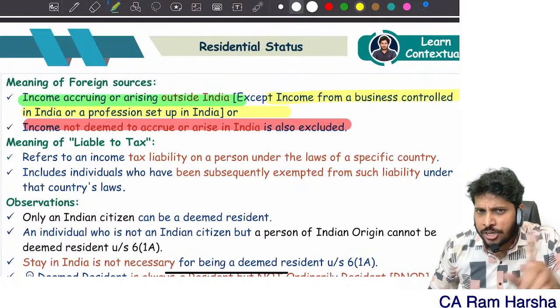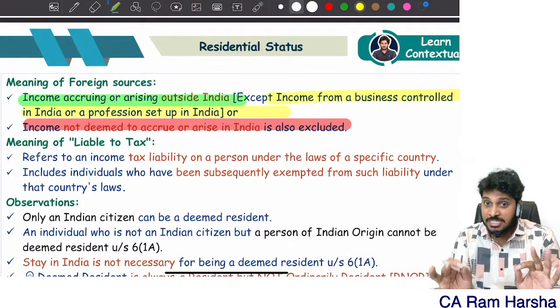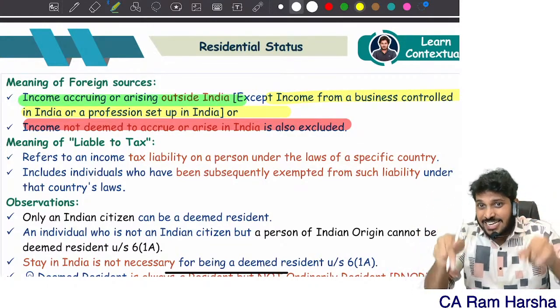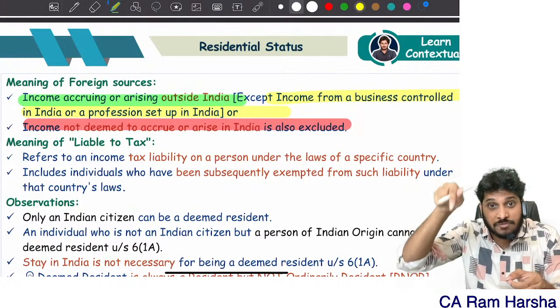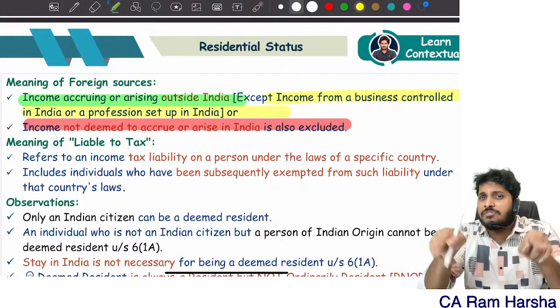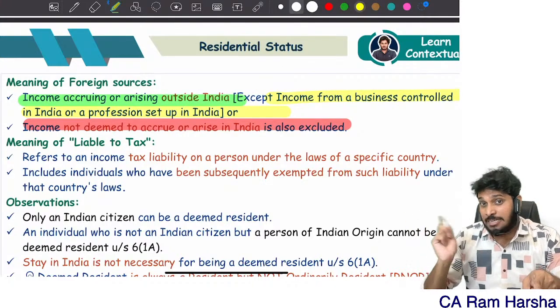Look, I am not talking about taxability. I am talking about whether it is Indian income or foreign income, for this second category purpose. Business controlled from India is treated as source of income in India for the purpose of determining residential status, not for the purpose of taxability.